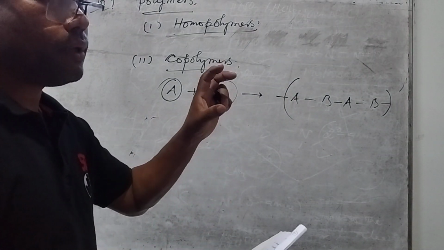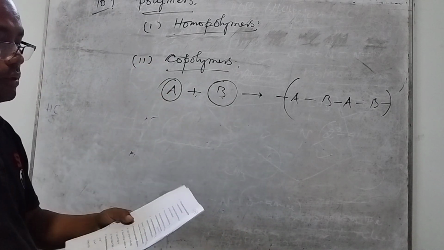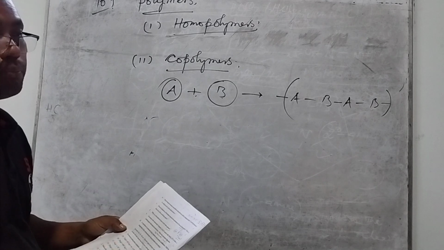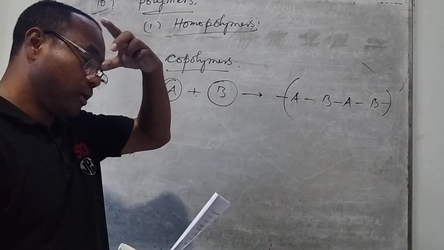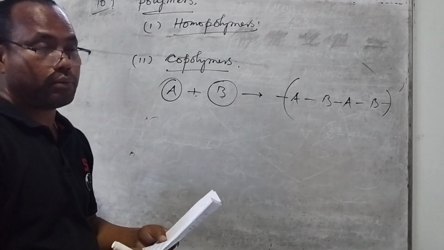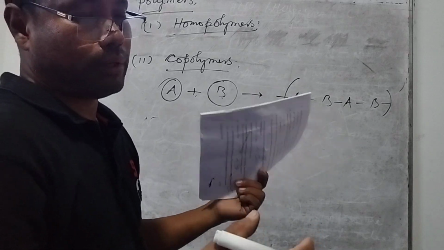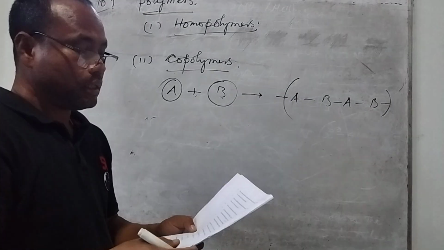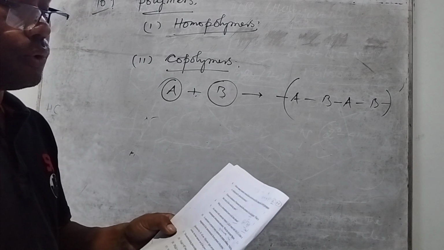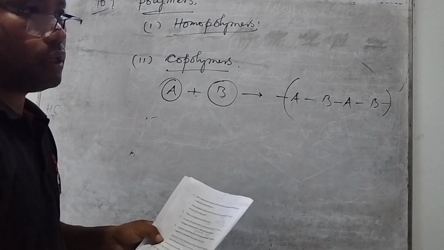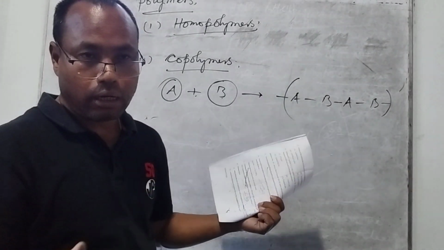If isoprene and propene, very small monomers, are polymerized, there will be intermolecular forces of attraction between them. If the magnitude of intermolecular force present in this polymer is very strong, it will be very hard.